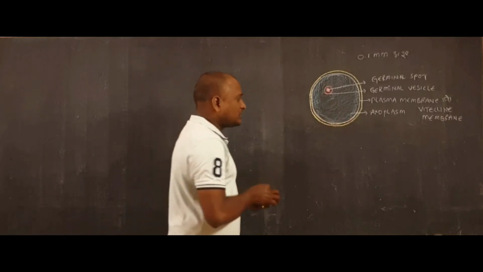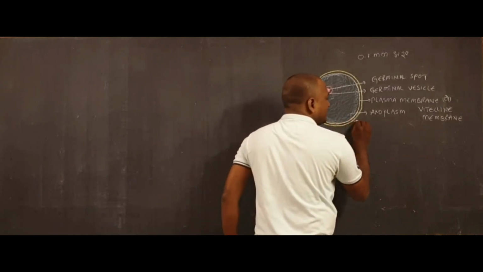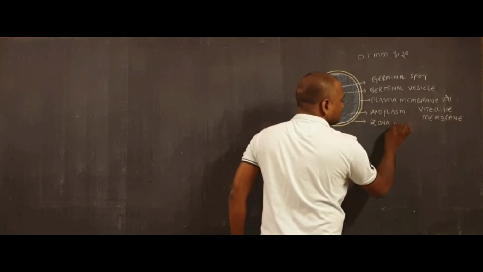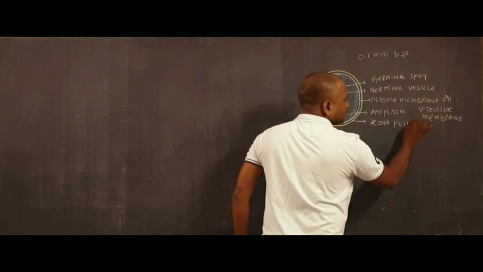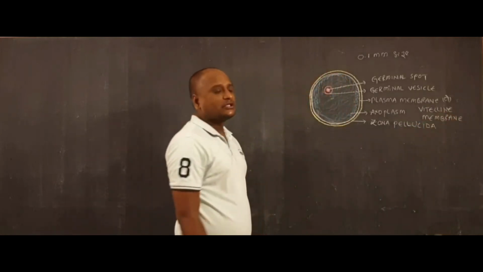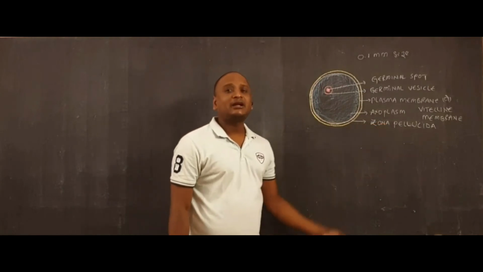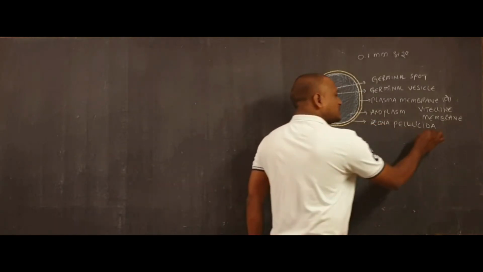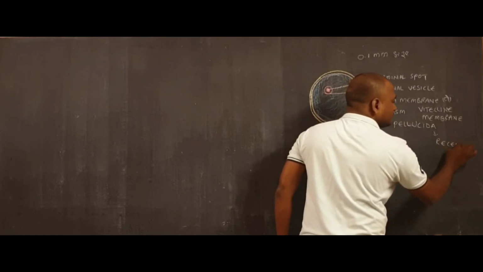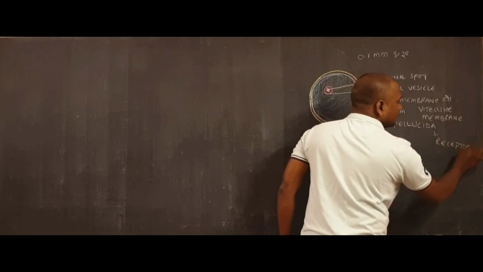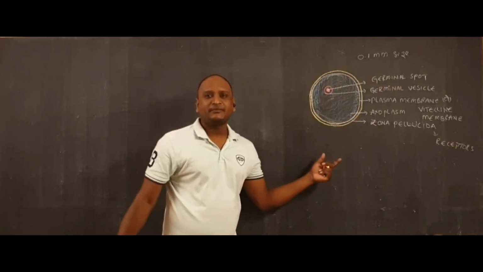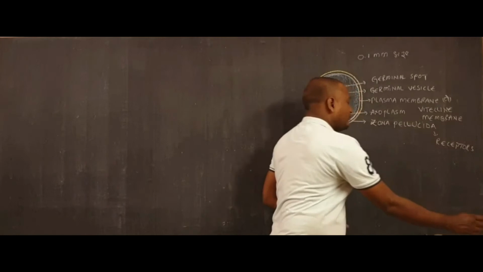That layer is also called the zona pellucida. The zona pellucida is formed by glycoproteins, and it also has different types of receptors which are helpful for sperm attachment.